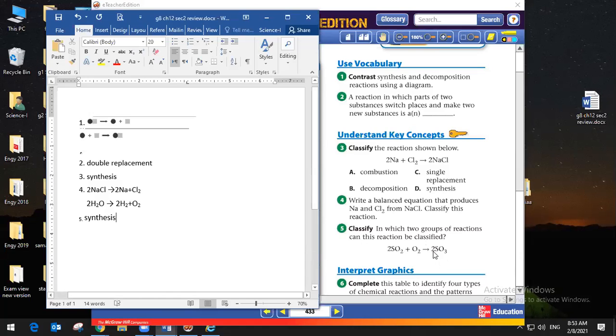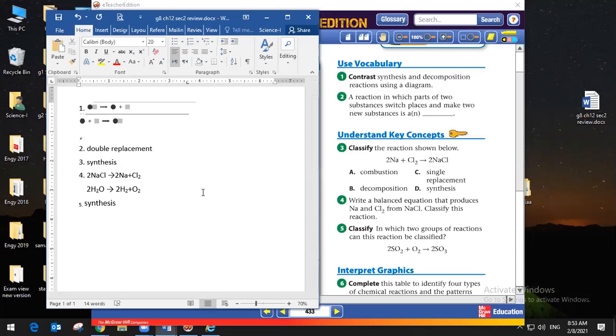Sometimes they can write combustion because it's a reaction with oxygen, but actually there is no release of energy here. So in that case, we cannot ensure that it is a combustion reaction. We could say synthesis and combustion if you want, but I prefer to classify it as a synthesis reaction. That's more accurate and more scientific, okay? Is it clear here, guys?